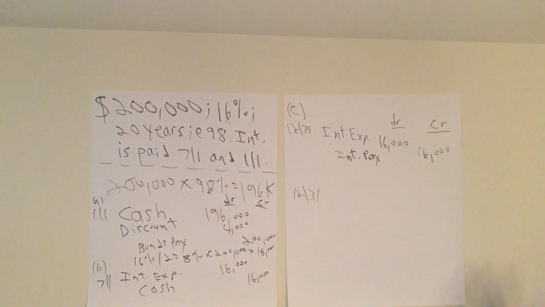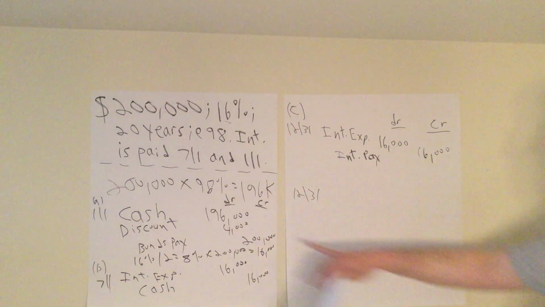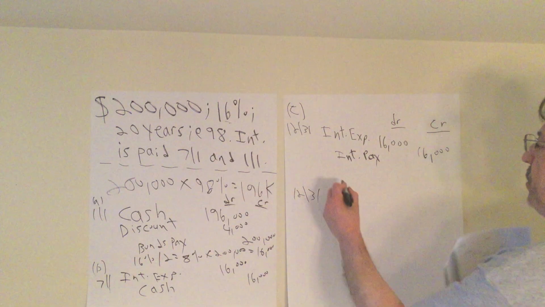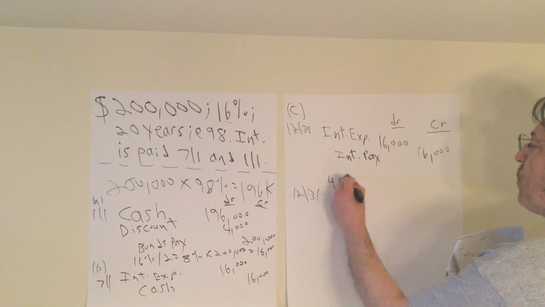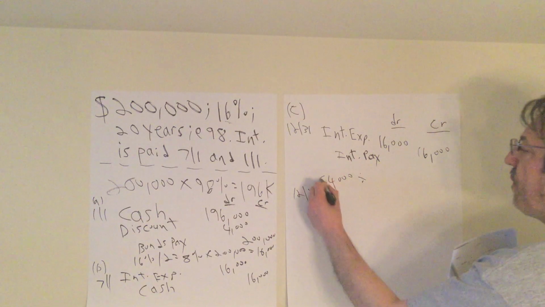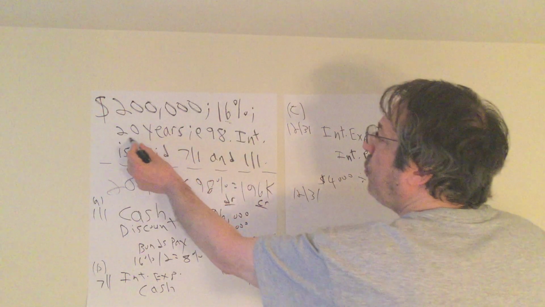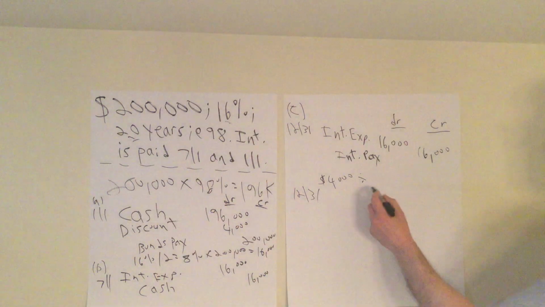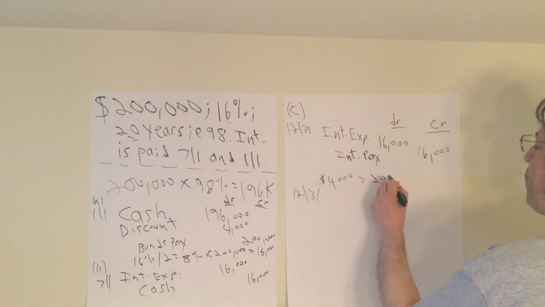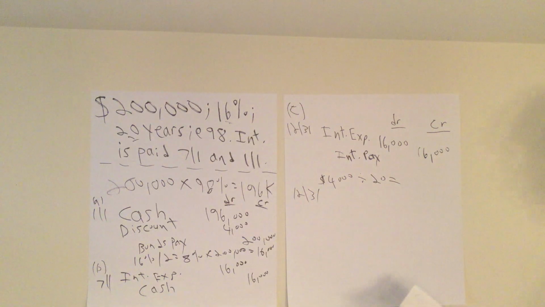And that's to amortize the discount. How much is the discount? $4,000, right? Divided by how many years is this bond? 20 years. Divided by 20. And that's going to give us $200.